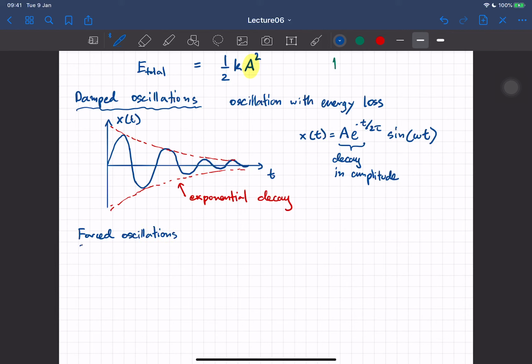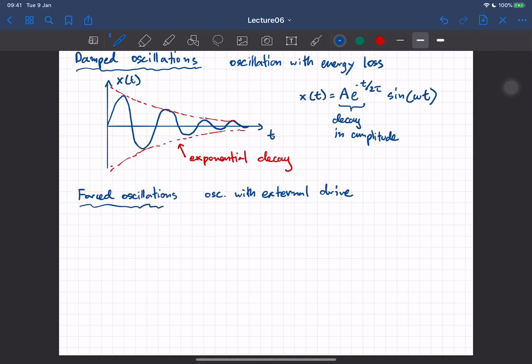So forced oscillation is the oscillation with external drive into the system. For example, in the case of a mass and spring system, instead of leaving the mass and spring to just oscillate and then eventually die, you're going to shake it.